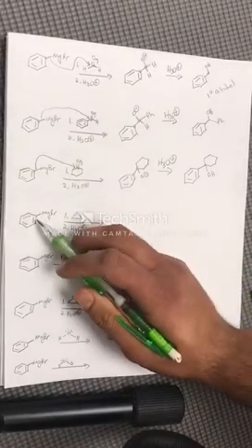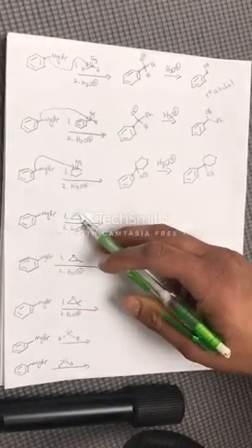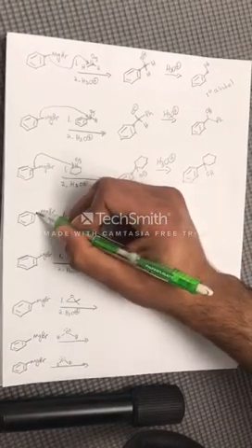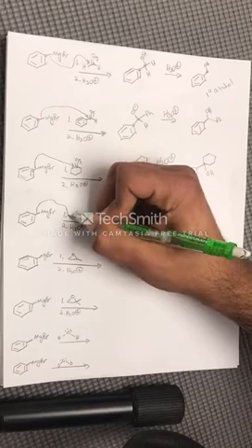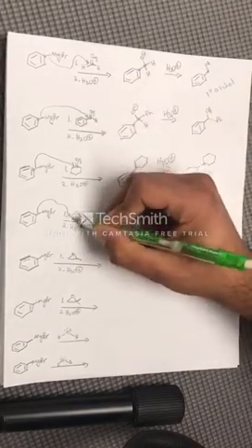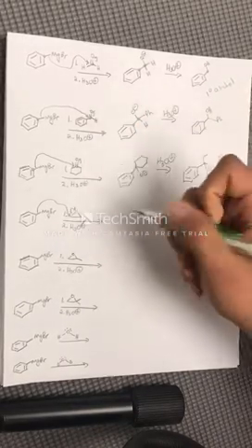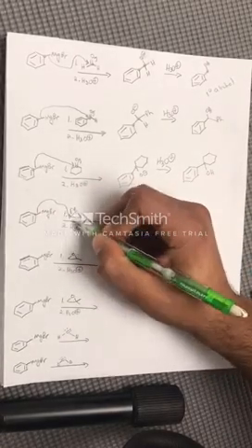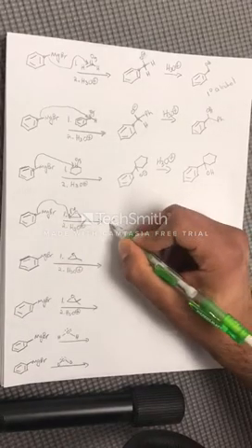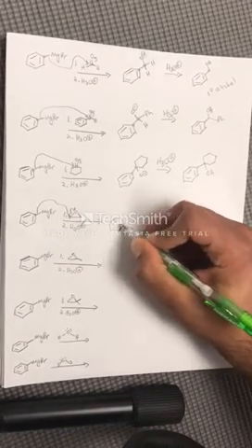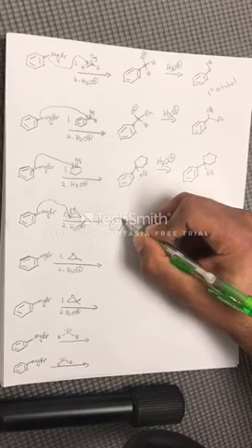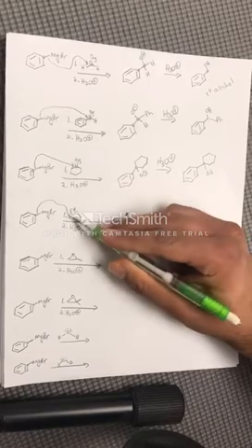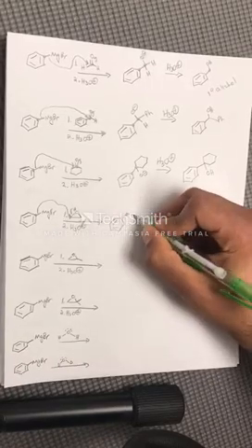Next one, a Grignard reacting with an oxirane. And oxirane is basically your simplest epoxide. So these electrons come out and will open the epoxide, either side, it doesn't really matter, it's symmetrical. And you have connectivity between the nucleophilic carbon and the electrophilic carbon. So I'll draw the same thing here. And this carbon is no longer attached to oxygen, it's attached to another carbon, which is attached to oxygen.